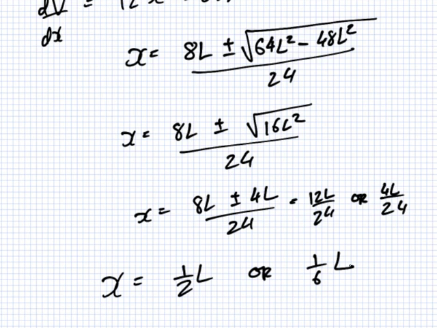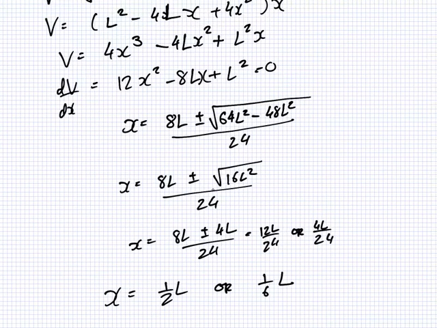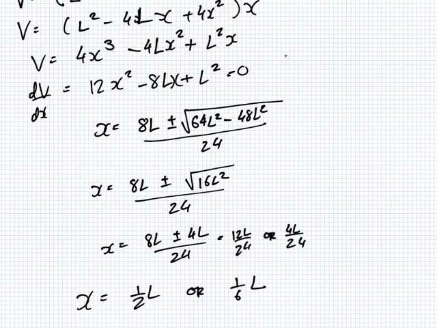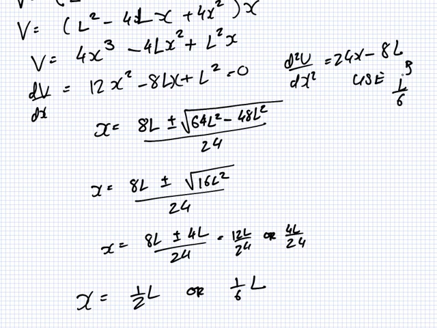Which is the maximum? Well, we can check with the second derivative. We need the second derivative to be negative. So what's the second derivative here? That will be 24x minus 8L. If I use L over 6 in here, then what will I get?